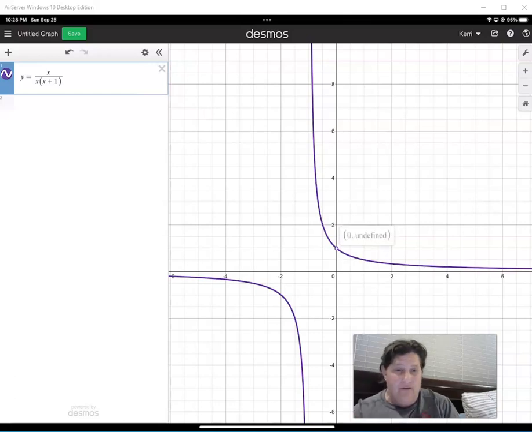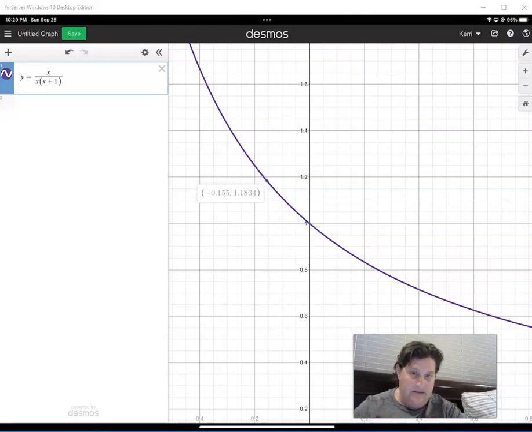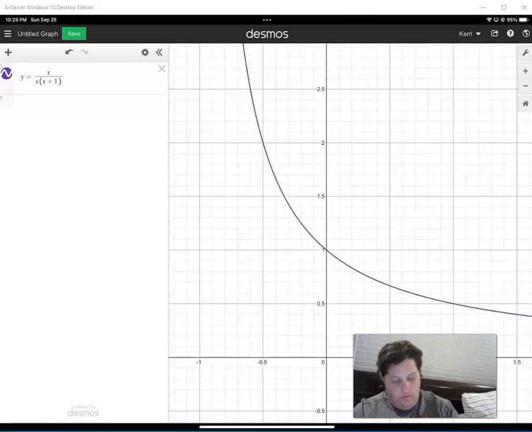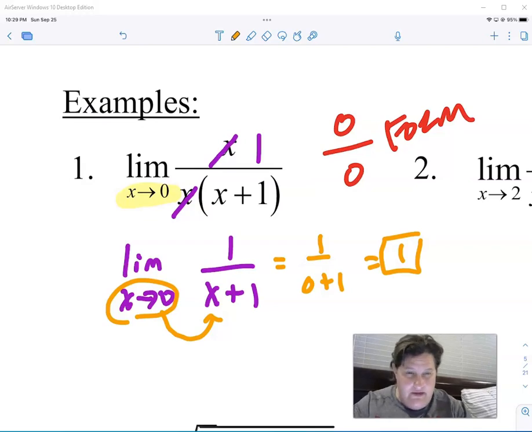There's no value at 0. Indeterminate, right? We're going to zoom in a little bit and see the limit as I am approaching from the left. What number am I approaching? I'm approaching 1, like 1.0001. As I'm going from the right, what number am I approaching? I'm also approaching 1. So it does not equal 1 there, but the limit as I get really, really close equals 1.